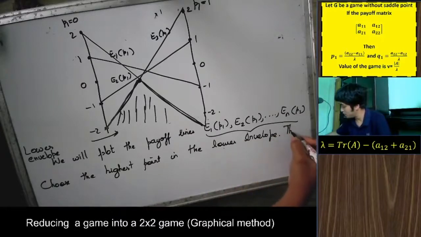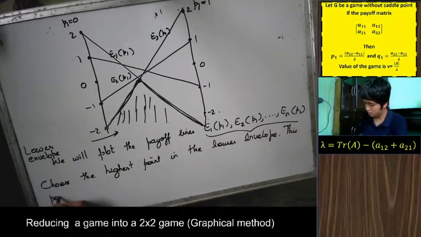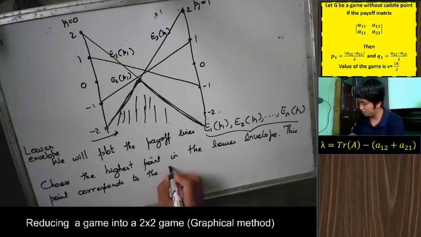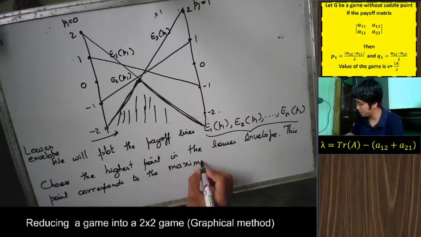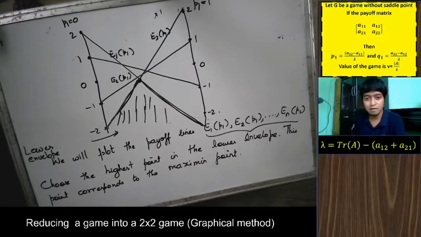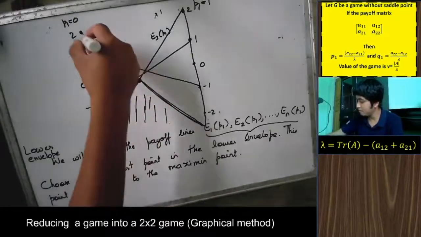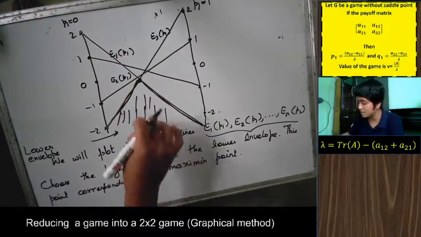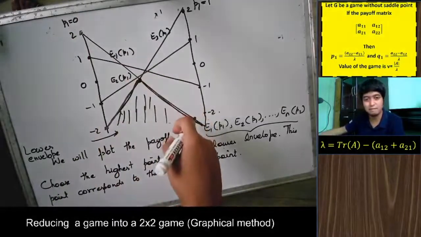This point corresponds to the maximum point. If you see from this figure, the maximum point is formed by the intersection of two lines.